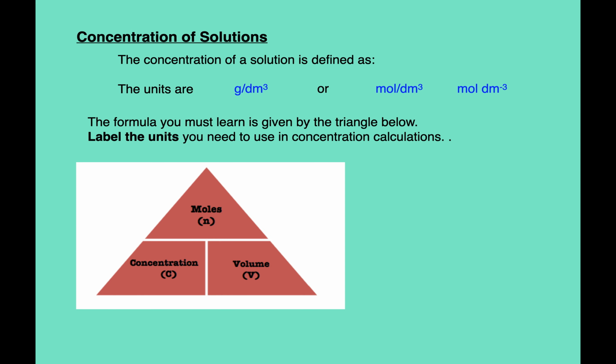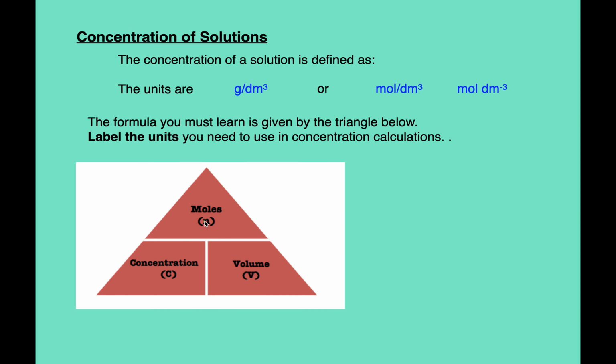Here's your moles concentration triangle. So we're going to use this triangle. This is the way that we're going to calculate the concentration of different solutions. So the concentration of a solution is the number of moles that we have divided by the volume.